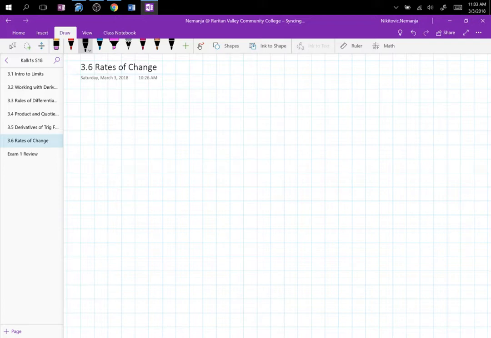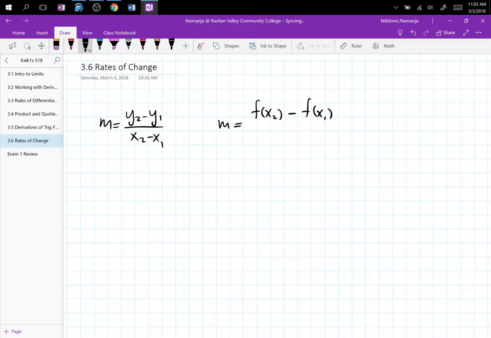We started by noting that slope is y2 minus y1 over x2 minus x1. Then we upgraded that through pre-calculus, where we replaced y2 with f of x2 and y1 with f of x1.